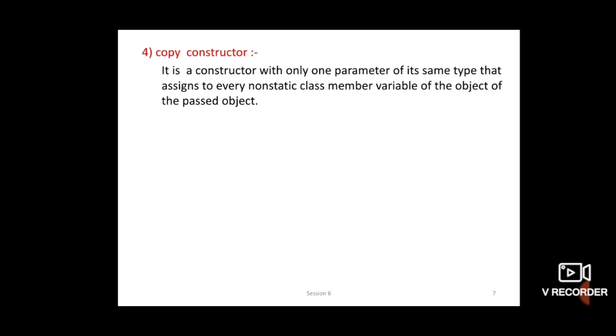Now next type is the copy constructor. Copy means one value is copied to another value, or through an object. It is a constructor with only one parameter of its same type that assigns to every non-static class member variable of the object, or passes the object.